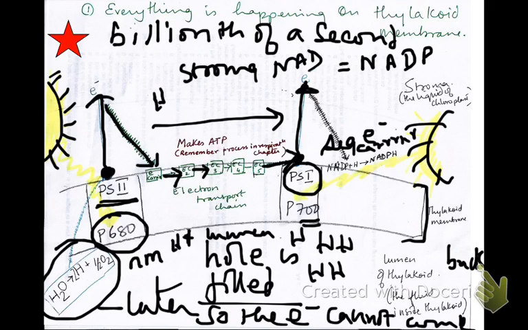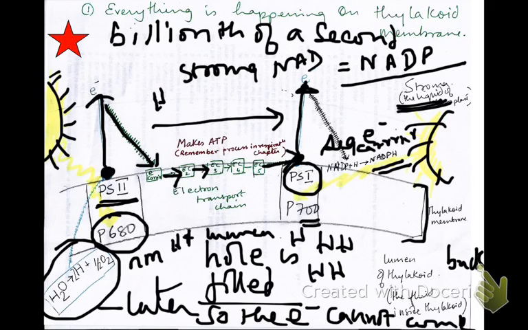This is nicotinamide adenine dinucleotide phosphate. This is specially seen in plants. During photosynthesis it bears stronger mention. So this NADP accepts this electron along with the protons and becomes NADPH in the stroma.